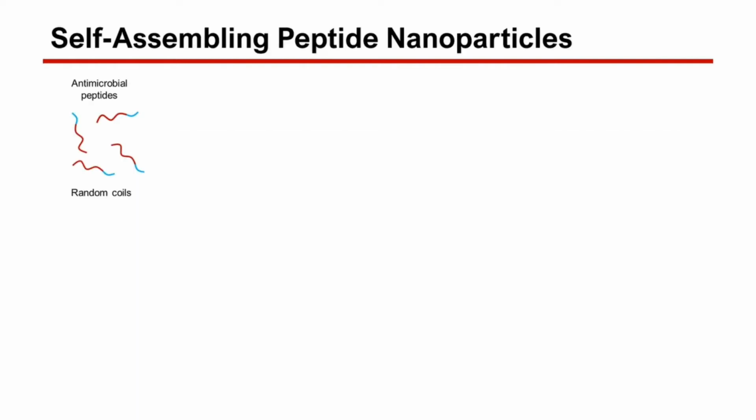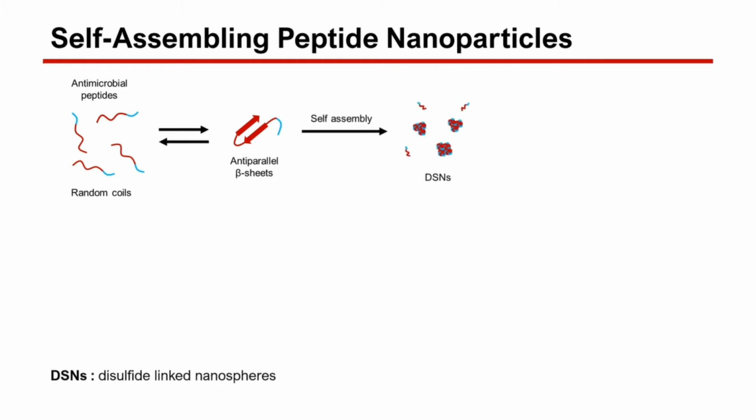The antimicrobial peptides that we developed were found to self-assemble from random coils to anti-parallel beta sheets, which further self-assembled into disulfide-linked nanospheres or DSNs.